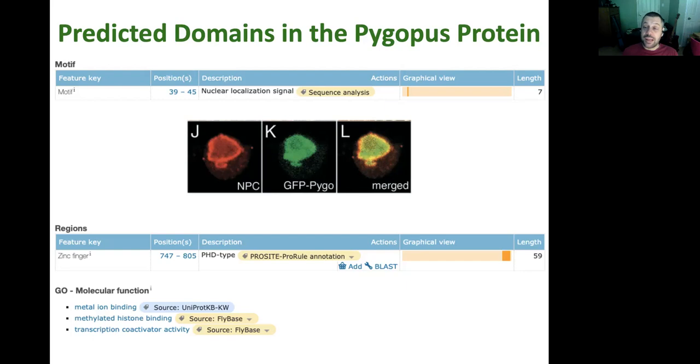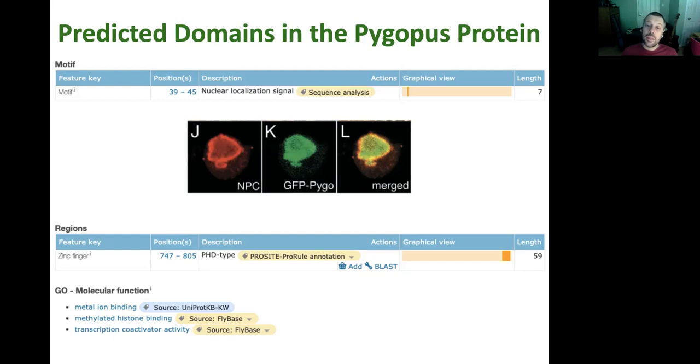But what that actually means is plant homeodomain, and it's a zinc finger domain that's in positions 747 to 805, right at the end of this particular protein, that suggests that its molecular function is, as you can see at the bottom of this slide, a transcription factor of some kind, and indeed that's what Pygopus does.